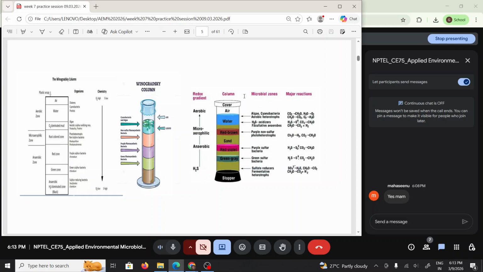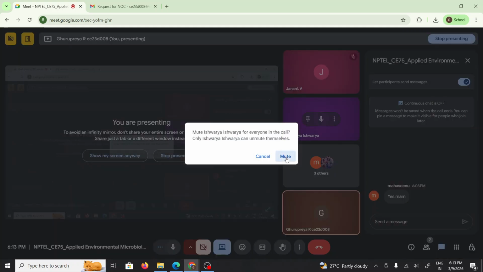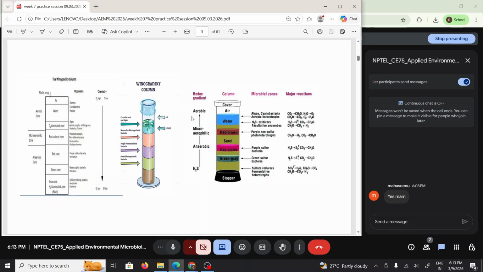So what you do in a Vinogradsky column is you try to mimic an ecosystem.